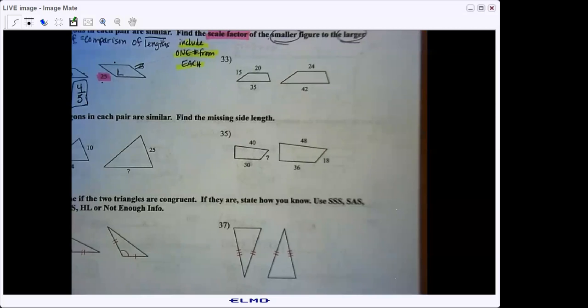You need to put it in there. I don't have a response from everybody yet. Only like half of you. Come on. Let me know you're tracking with me, please.